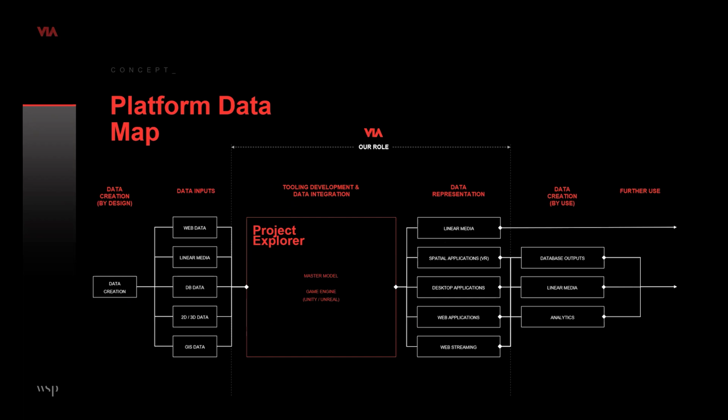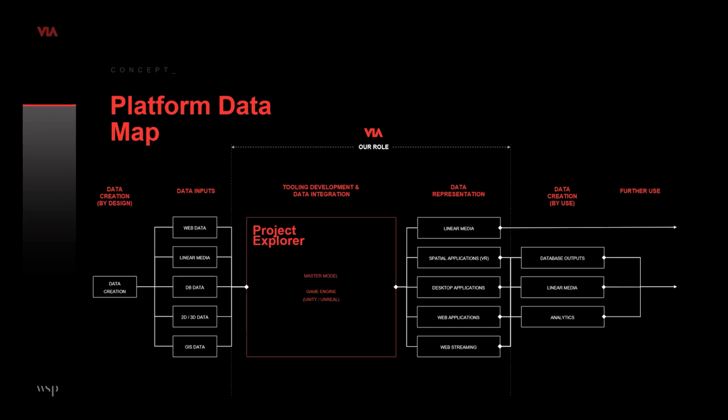It begins obviously with design data being created by design teams, and from there we cleanse it before taking it into a sandbox environment, which is the game engine environment where we develop tools, integrate the data, link it to different things, and then from there we represent the data, I suppose is what you call it. This is the output of all our work previously.